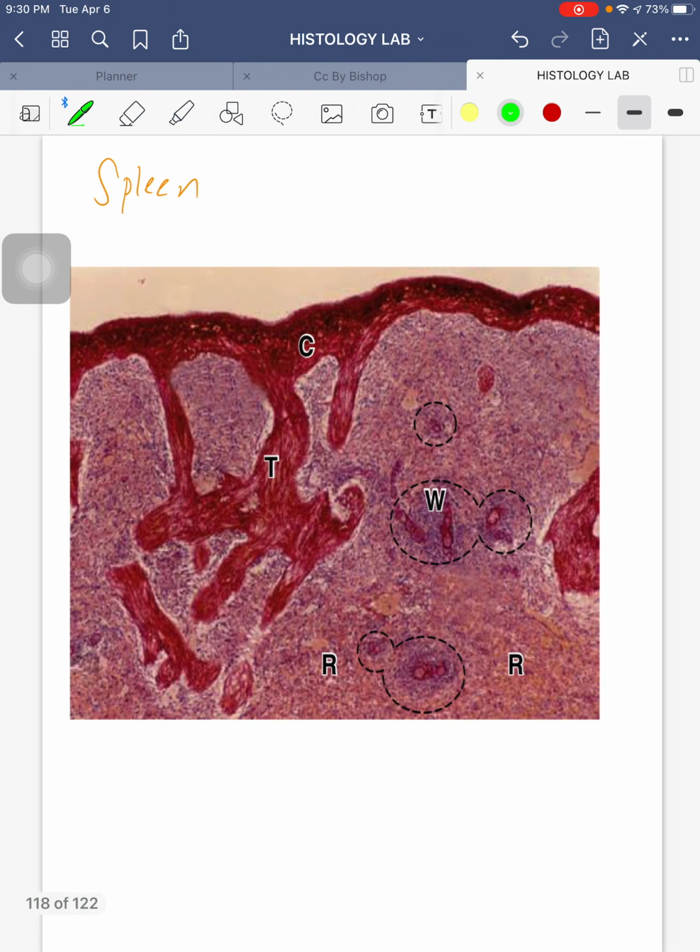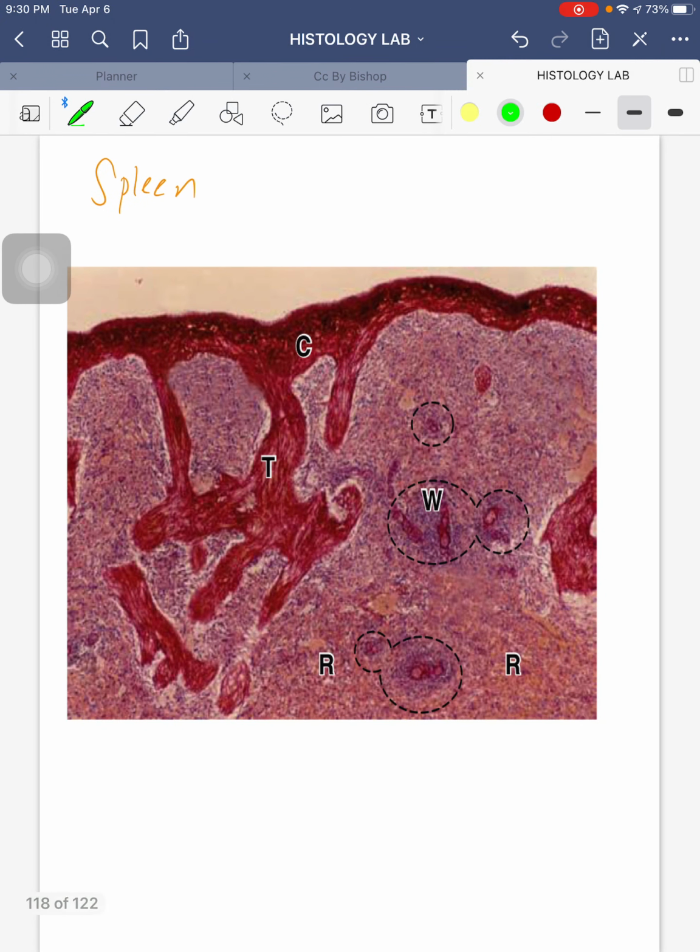Okay, that's that. Last specimen is your spleen. Spleen is located in the left upper quadrant. It has the largest accumulation of lymphoid tissue. So again, largest accumulation of lymphoid tissue. Okay, and this is the only organ that's involved in blood filtration. So it has a role in your blood-borne antigens.